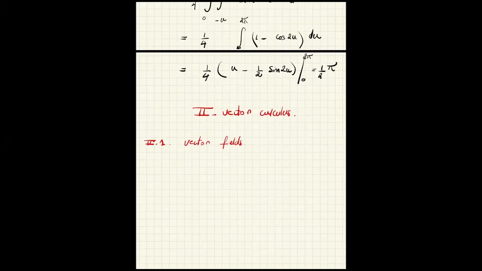Okay, so the vector field. So what is a vector field? Well, the vector field is a very easy concept. We have the xy plane, and imagine a particle, or even something in the gravitational field of the Earth.